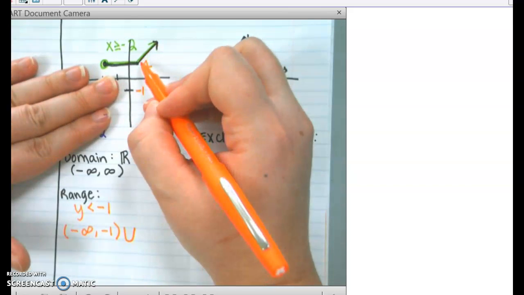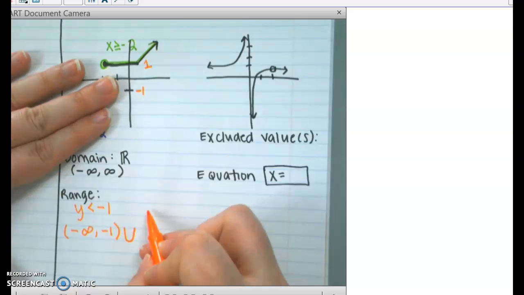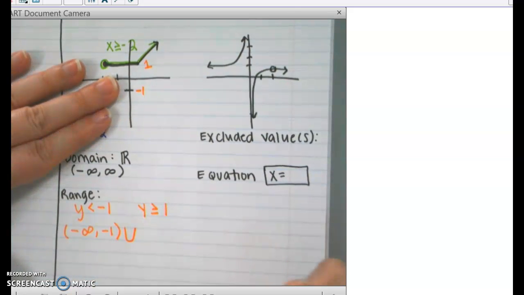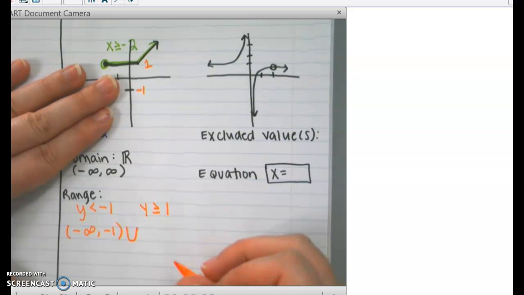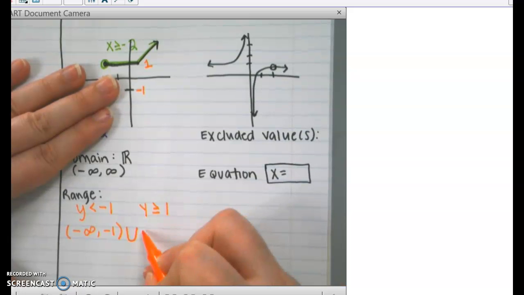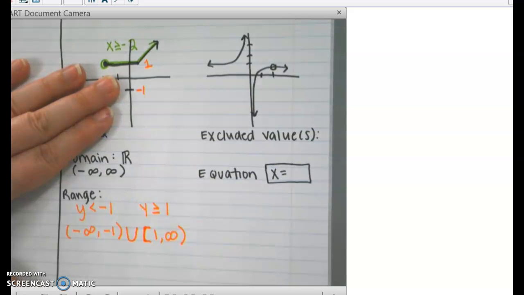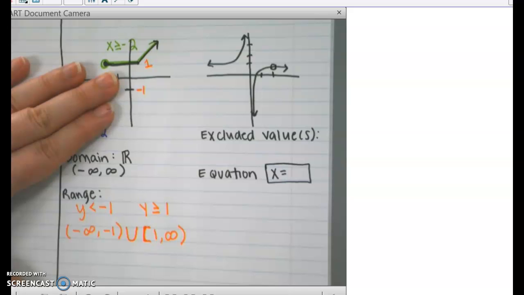This piece tells me that y's are going up. So that would be y's that are greater than or equal to 1. If I were to write that as an interval, that would be 1 to infinity, with a bracket on the 1 because that is a closed circle, so it does include the number 1.